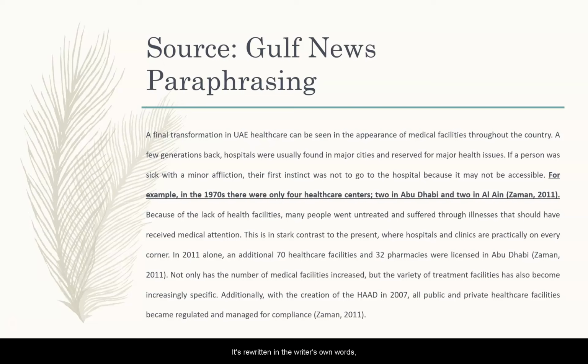It's rewritten in the writer's own words, but because there are bits of information that are specific to the article, such as the date, the 1970s, we have the source, we have the author's last name, and the year of publication at the end of the sentence. Again, we're looking at the underlined sentence in the middle of the paragraph.